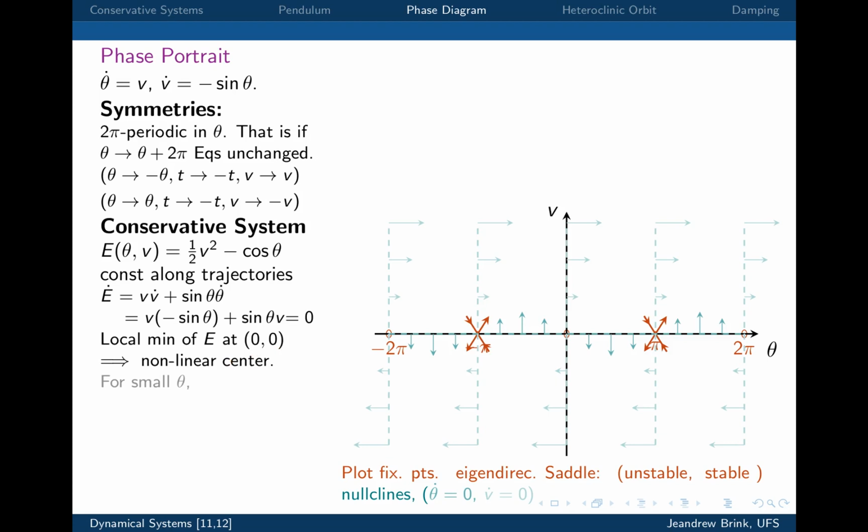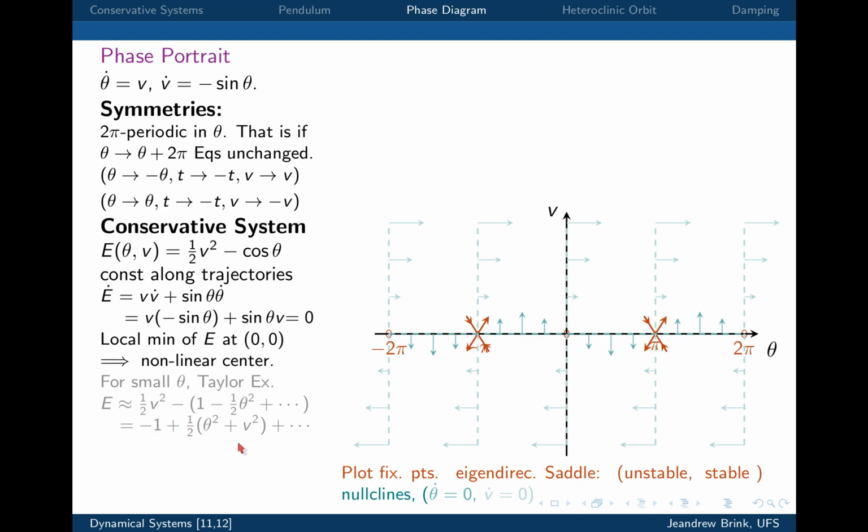Okay, and just to give you another way of looking at this, a way of proving that also is to Taylor expand. So for small theta, you can say your energy is equal to half v squared, which is just the first term, and then you Taylor expand what cos is, and then you just group them together, and you have that your energy is minus 1, which is just a constant, plus a half theta squared plus v squared.